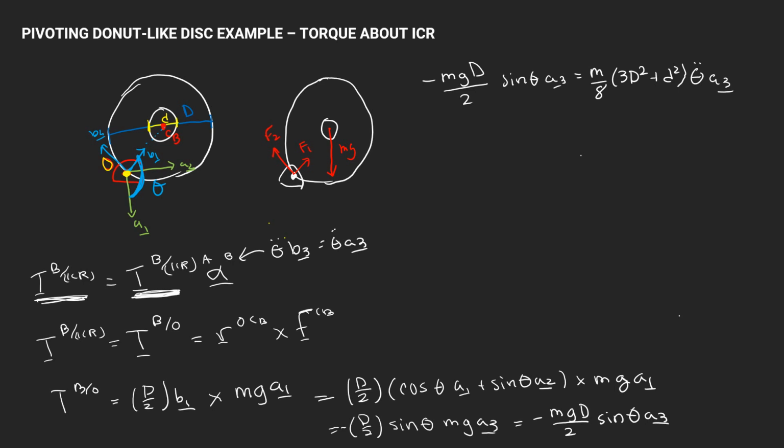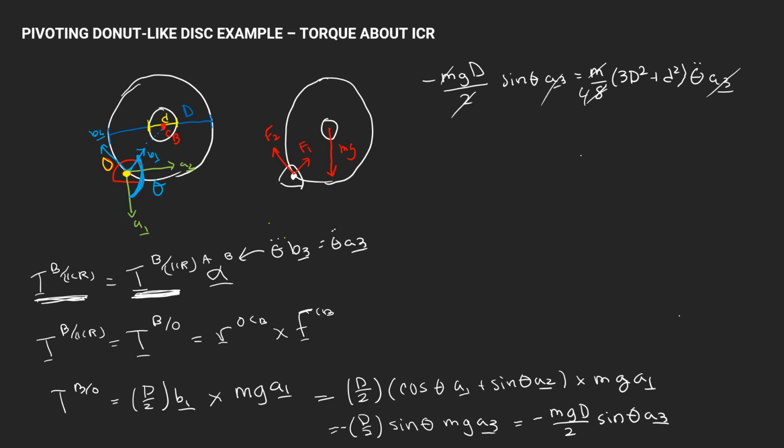So now we just cancel out some terms and simplify. We can first get rid of the m's, and we can get rid of the A3s. We can also get rid of this 2 here and turn that into a 4.